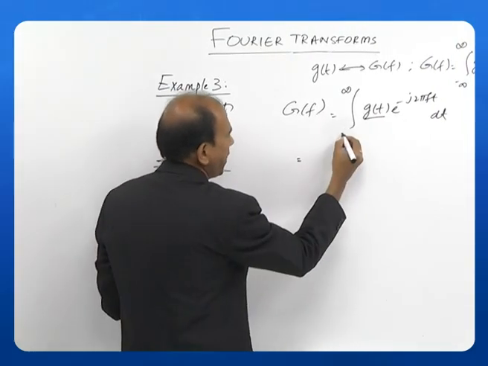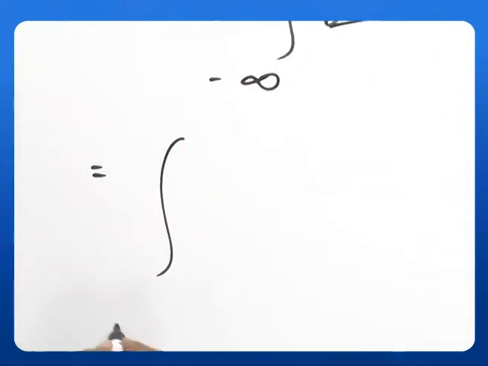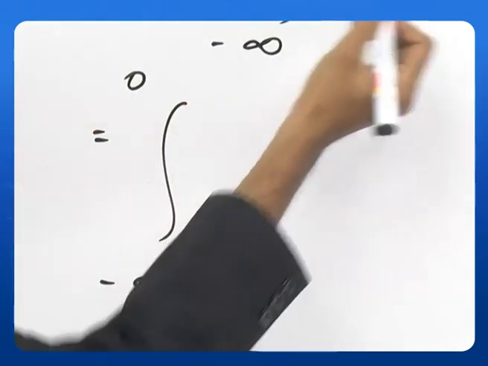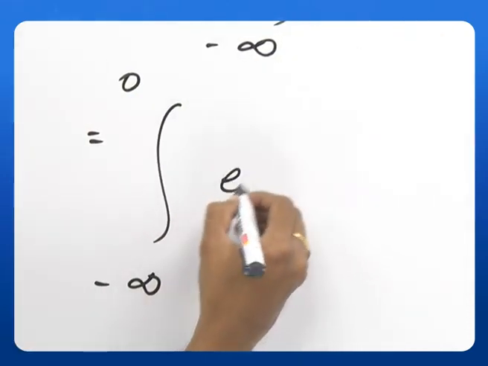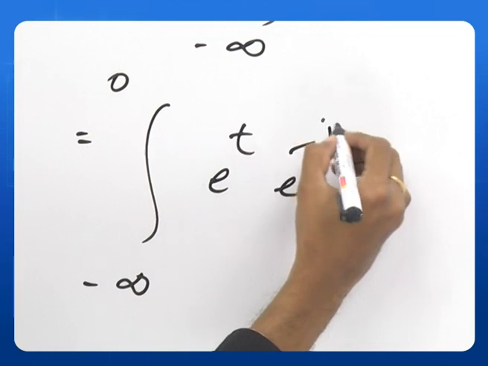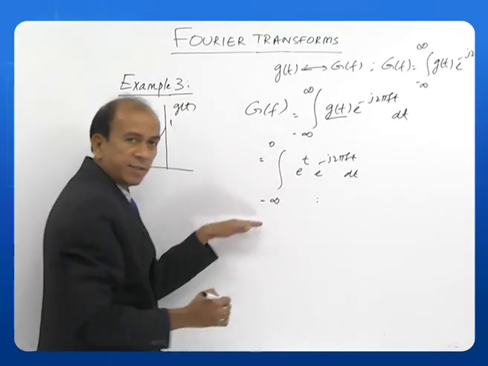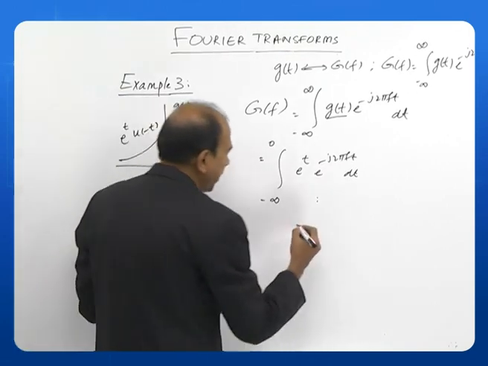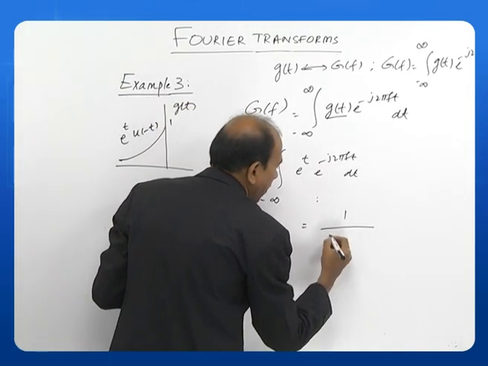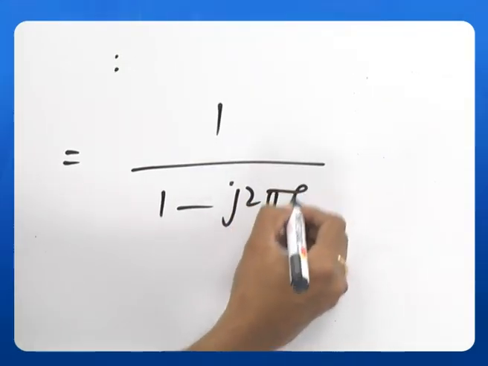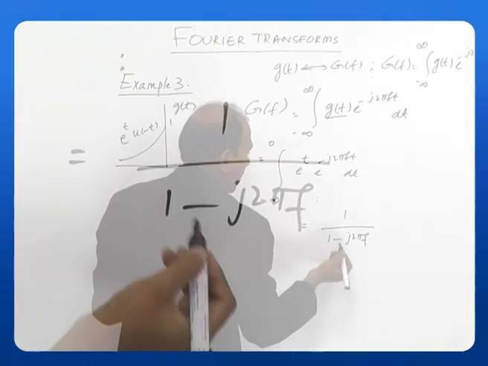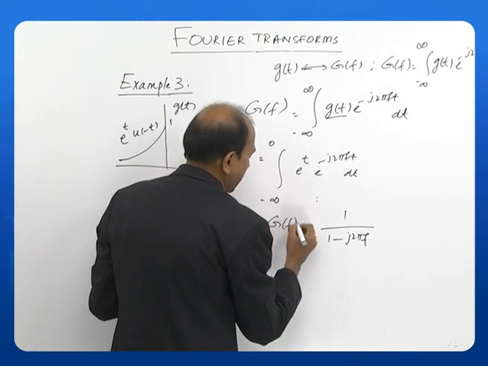So, this will be from minus infinity to 0, e to the power of t e to the power of minus j2 pi f t dt. So, if I do the integration, then I will get an answer which is equal to 1 by 1 minus j2 pi f. So, this will be my g of f.